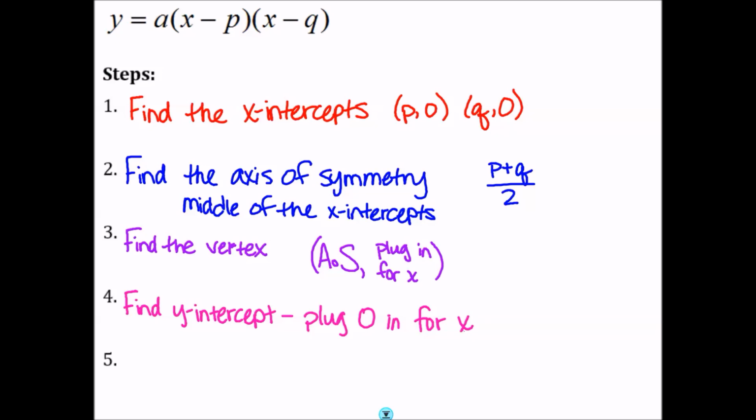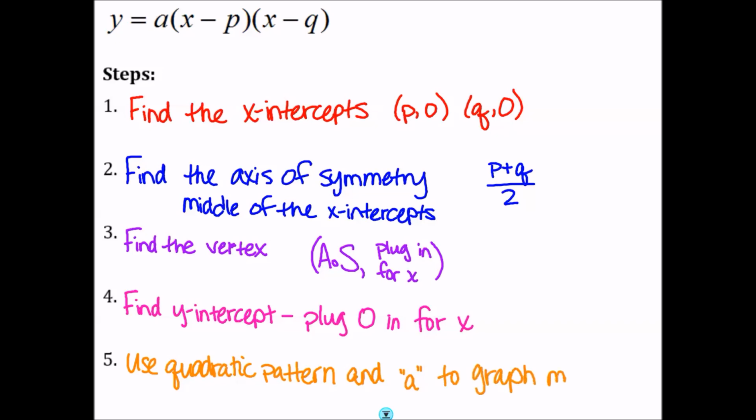And last but not least, we're going to use the quadratic pattern, which is over 1 up 1, over 2 up 4, over 3 up 9, and a to help us graph the rest of the points. So let's take a look at a couple of examples.